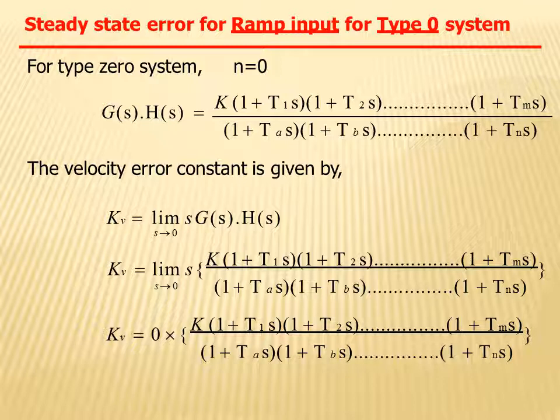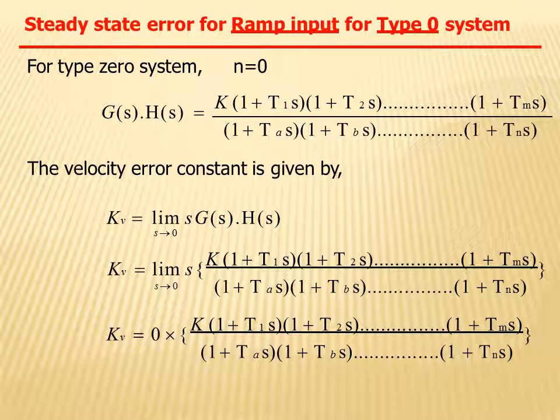And for third, that is acceleration error constant Ka, we write limit as s tends to 0 of s square into G of s into H of s. So here it is velocity error constant. So it is given by Kv is equal to limit as s tends to 0 of s into G of s into H of s.